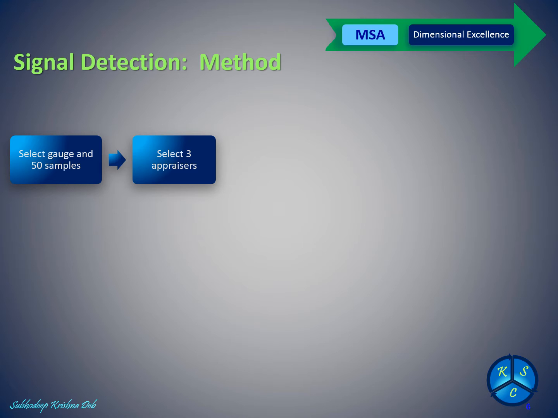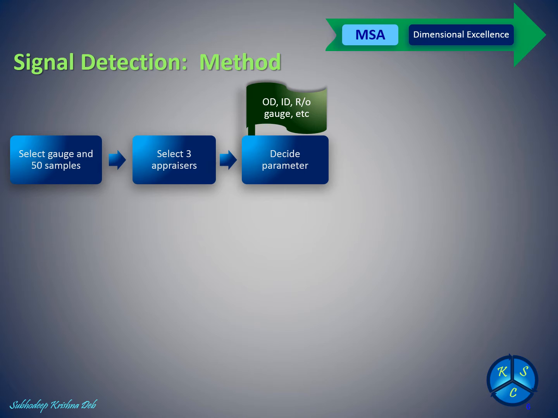And we need to select 3 appraisers who are actually doing the measurement, and after that we need to decide the parameter for which we will do that. Then we have to measure and record the reference value of all parts. Since we have discussed, these are the parameters in which we convert the variable to the attribute by using the gauges. So we need to check the parameters using the reference instrument and collect the reference value.